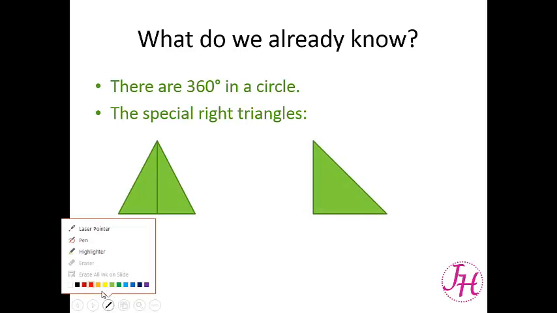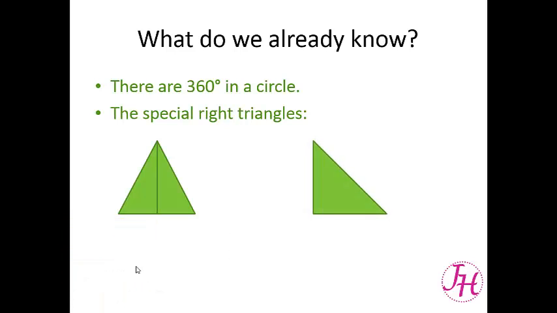Now, when we're looking at our special right triangles, here we have an equilateral triangle where all three sides are congruent. Let's suppose all three sides are 2 units. When we construct the perpendicular bisector, that cuts the base in half, so each of those sides is 1, and the height is the square root of 3, and we can find that by using the Pythagorean theorem.